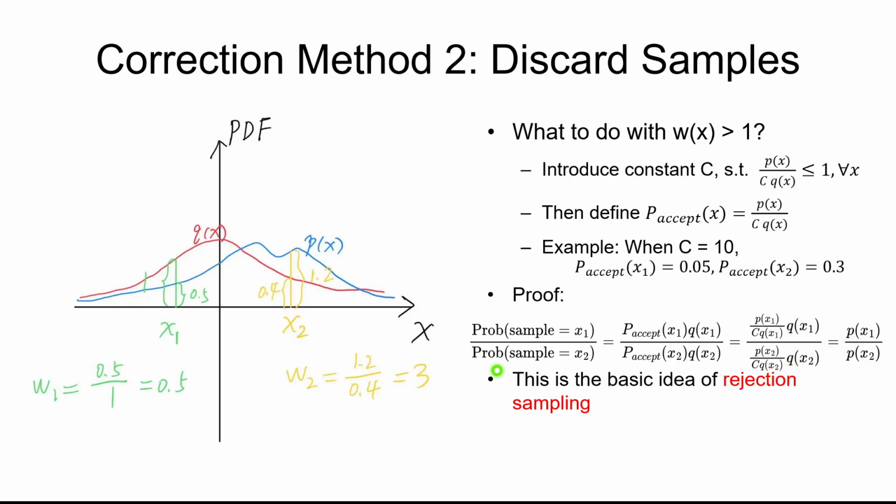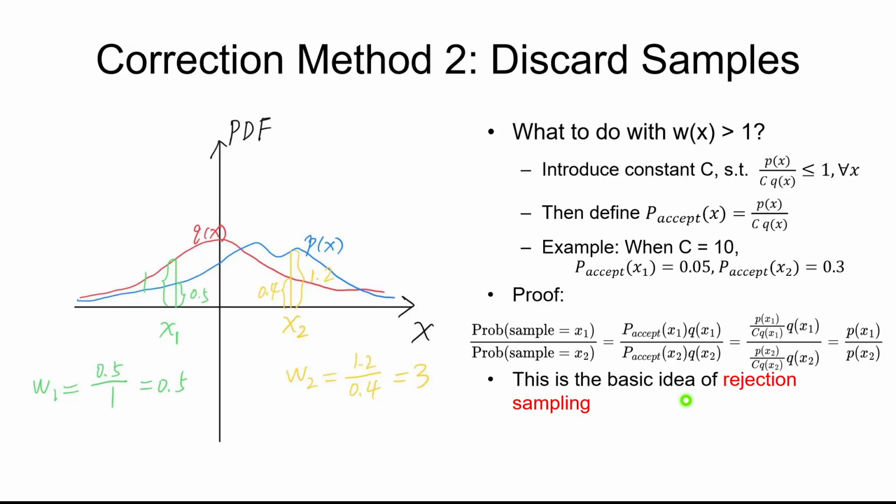And also in the denominator, the probability of getting x2 is proportional to p(x2). So this condition still holds, which means that after discarding some samples, the remaining samples will follow the distribution of p(x). So that is the idea of rejection sampling.